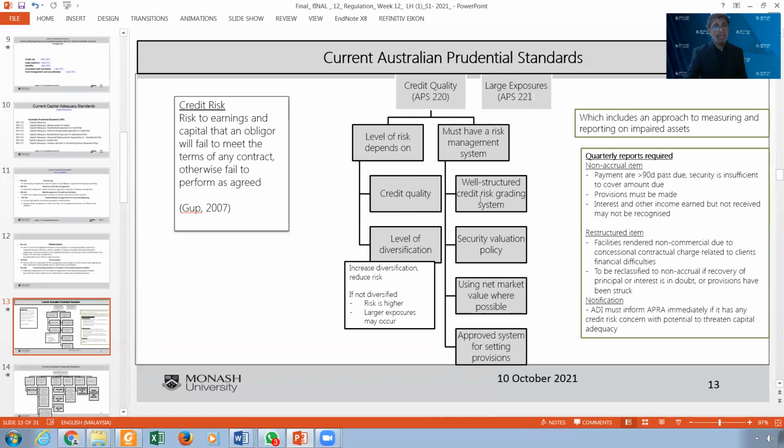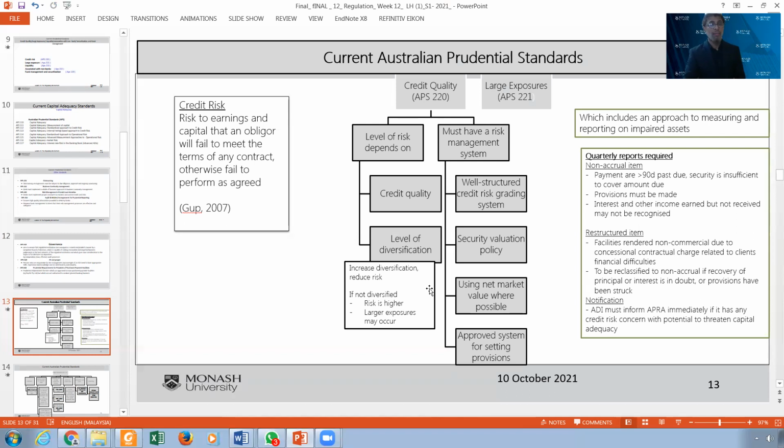We have seen so many banks that have to have a sound system for the credit risk. They have to have a security evaluation policy for those assets they acquire and they keep. So especially for trading, they have to always evaluate them. They have to use net market value where possible, and they have to have an approved system for setting provisions, which means you cannot play with that provision all the time.